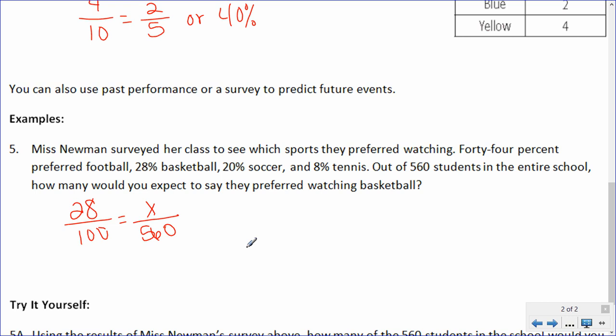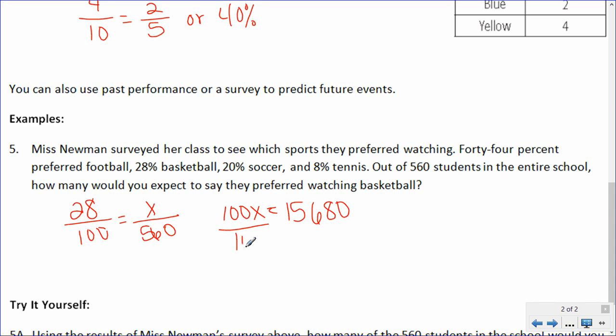Okay, so there's a ratio that we can now solve, or a proportion that we can now solve to find X, which is the number of students in the school that would say that they prefer watching basketball. So we'll go ahead and cross multiply. We get 100x equals 28 times 560, which is 15,680.